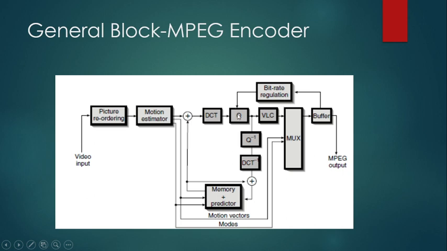It is given to the quantizing side. And there are several modes for each of the frames. We will have motion vectors also. So in general, you can represent the MPEG encoder as such. For the first frame, it will be transmitted like an I frame.